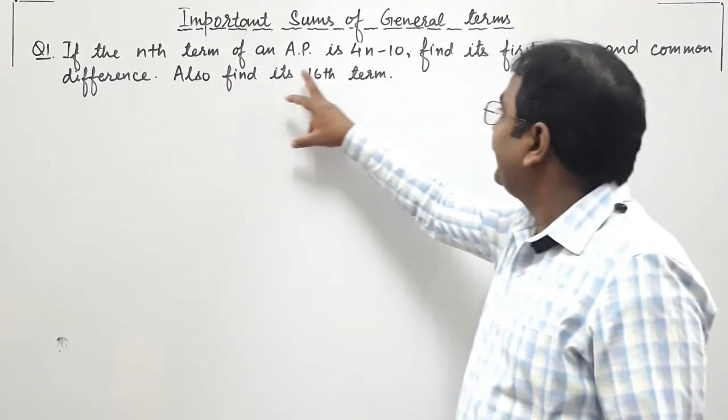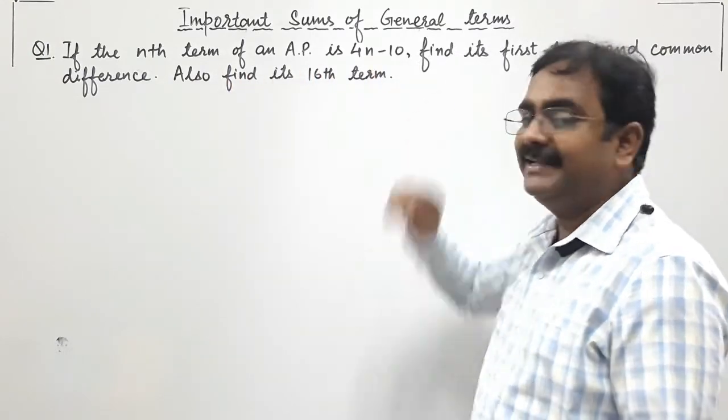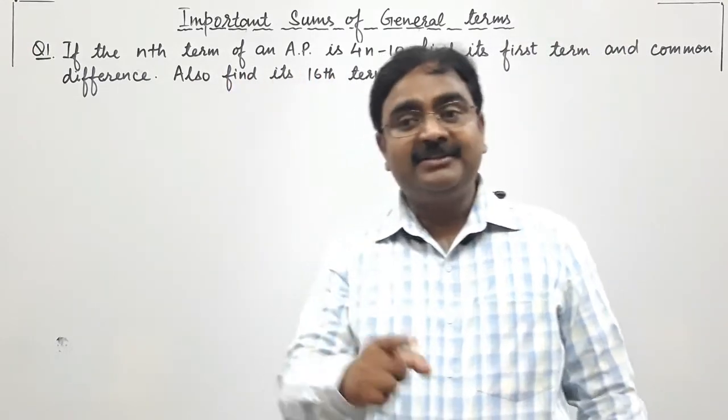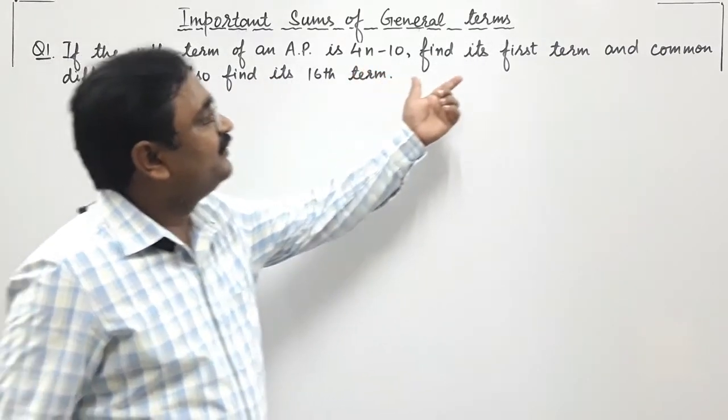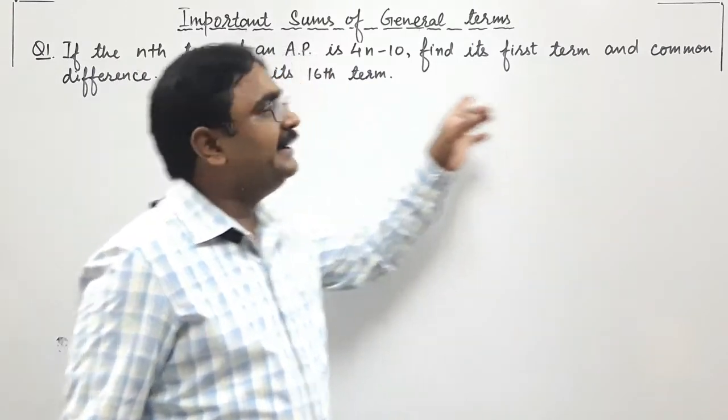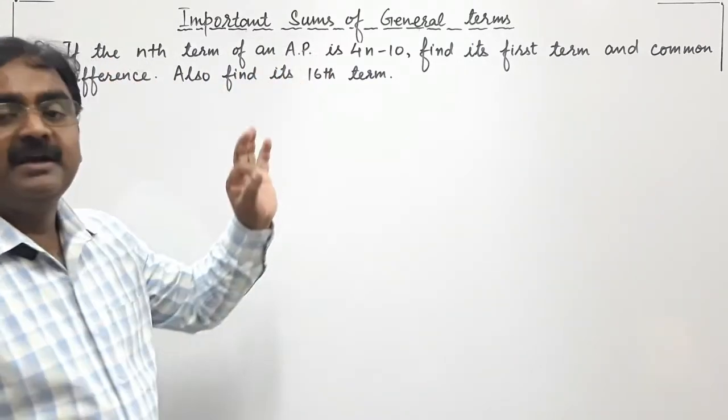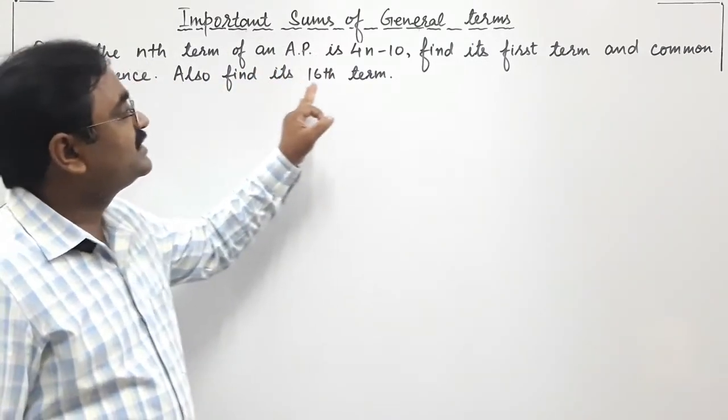If the nth term of an arithmetic progression is 4n minus 10, find its first term and common difference, and also find its 16th term.